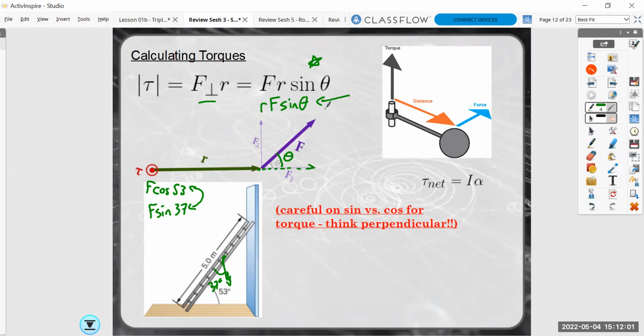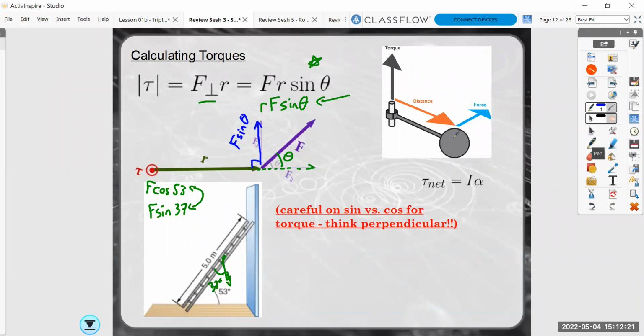Otherwise, what you want is the trig function that's going to give you the perpendicular component of your force. This torque's like the force and the radius is nice and perpendicular. Remember, by the way, that all of these vectors have weird directions. They have that weird right-hand rule direction.